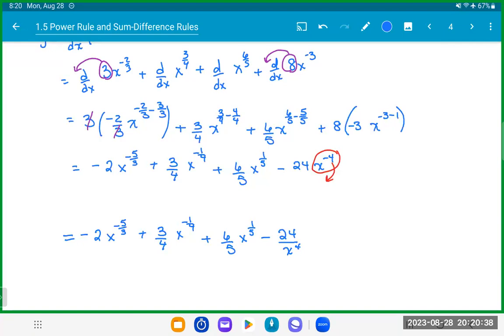In that case, I'm just saying my math lab would accept this, but it would be more proper to make this as x over 5/3, and this one would be plus 3 over 4 x to the 1/4. So either way is technically correct, but this way is the proper way, so they're all positive.